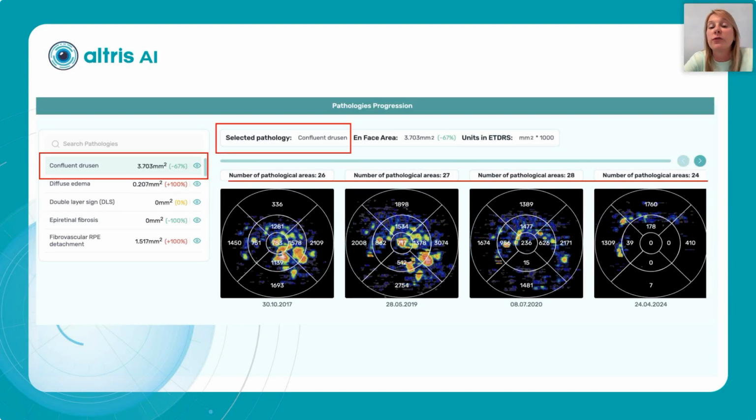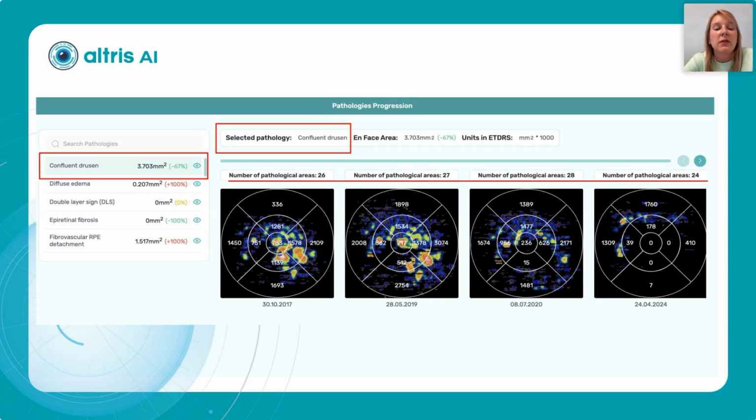Let's start with confluent drusen. We've already seen them on the OCT scan. Here you can see 4 examinations, from 2017, 2019, 2020, and 2024.